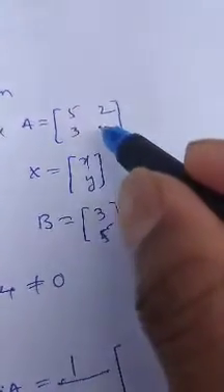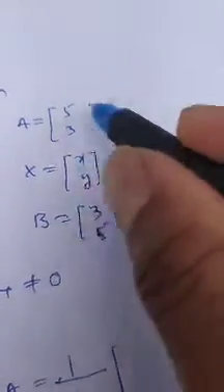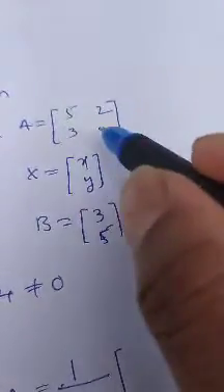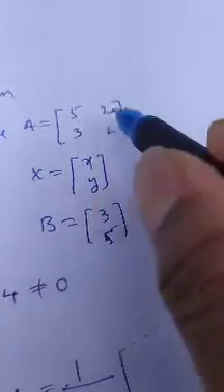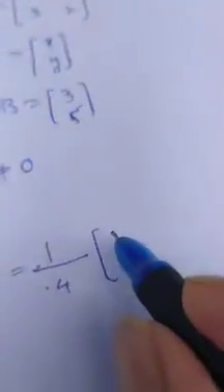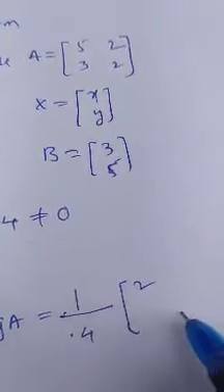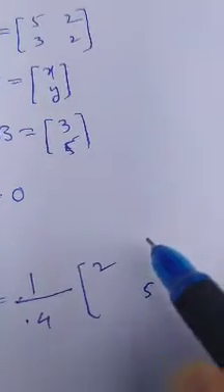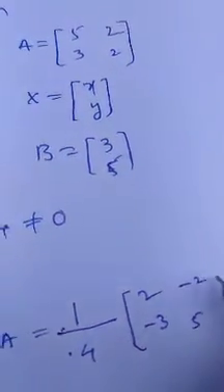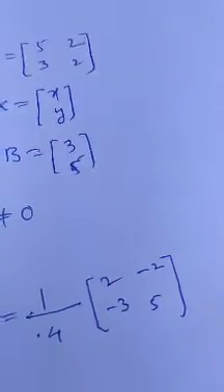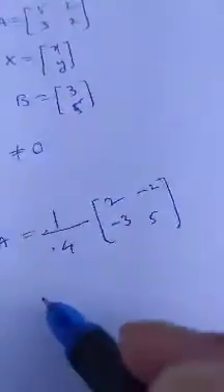Just interchange these two diagonal elements and keep minus to these other two elements, for a 2 by 2 matrix. I'm interchanging 5, 2, so 2, 5, and here minus 2, minus 3. So this is the adjoint A. Now I got A inverse.